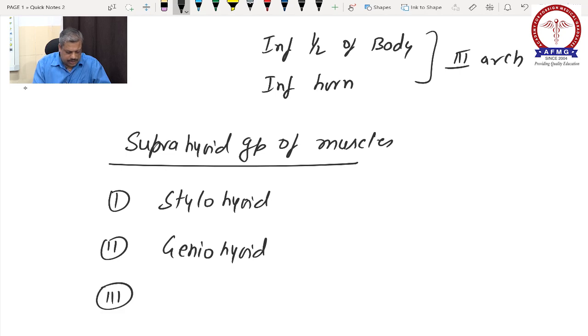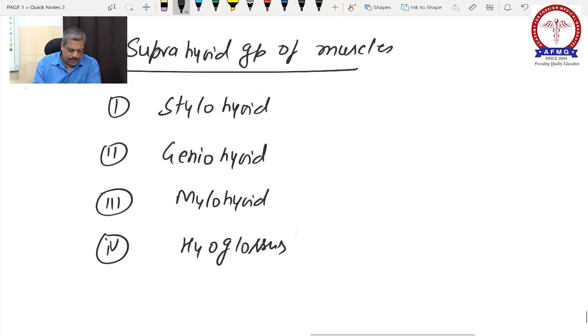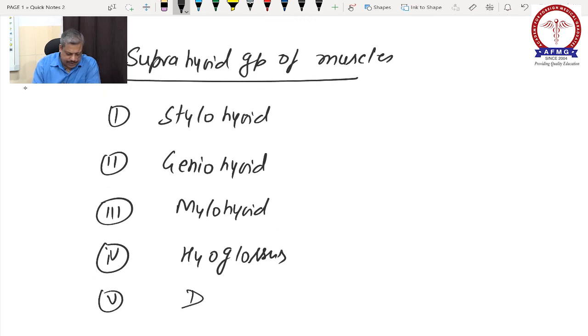The third muscle is the mylohyoid muscle. Number 4, hyoglossus, and the 5th muscle is digastric. These are the 5 muscles which form the suprahyoid group.